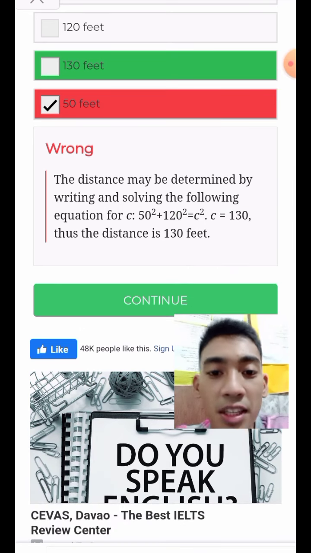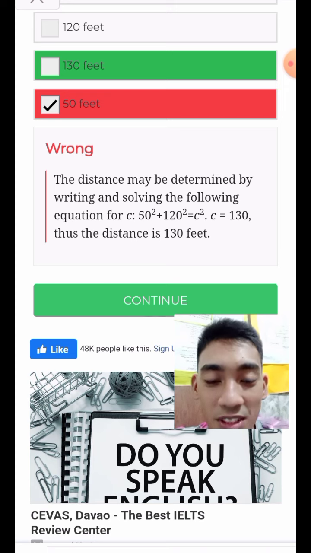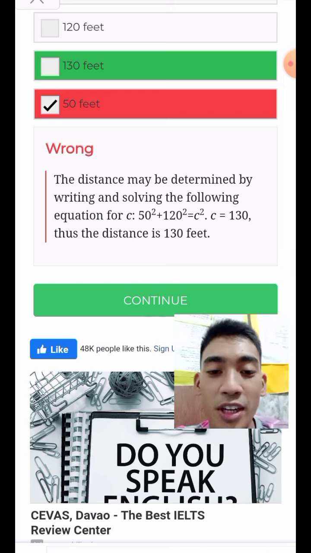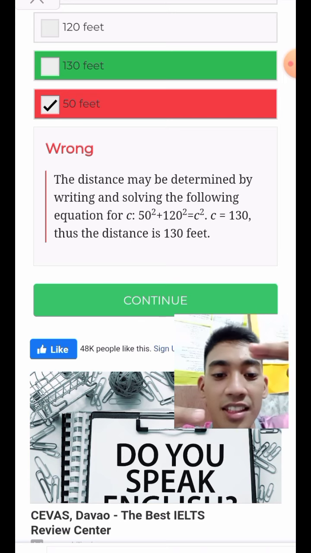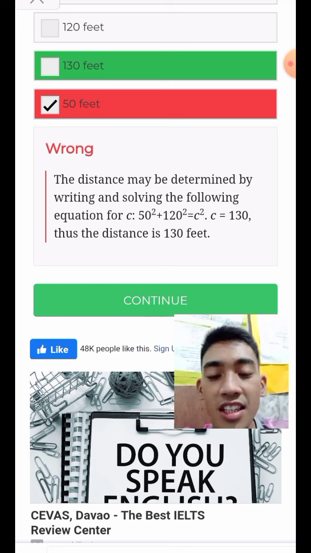The distance may be determined by writing and solving the following equation. So this is now c squared equals a squared plus b squared. This is the formula of the Pythagorean theorem, because this is a right angle forming a right triangle. Our c here is x.